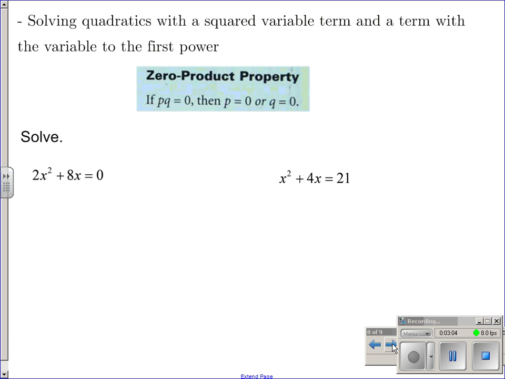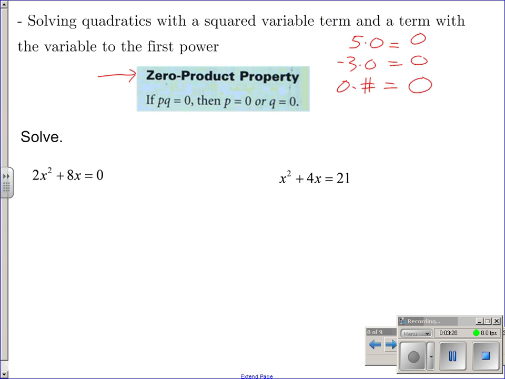We are going to be using factoring and this zero product property. The idea of it is, 5 times 0 is 0. Negative 3 times 0 is 0. Zero times any number is always 0.